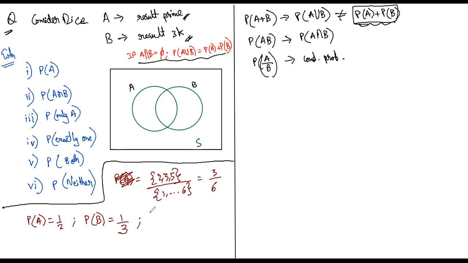Okay. Now using this, what is the probability of A and B? मतलब prime number भी होना चाहिए and it should be multiple of 3. For how many numbers is it possible out of the sample space? How many numbers are both multiple of 3 and prime? Prime number and multiple. 1.